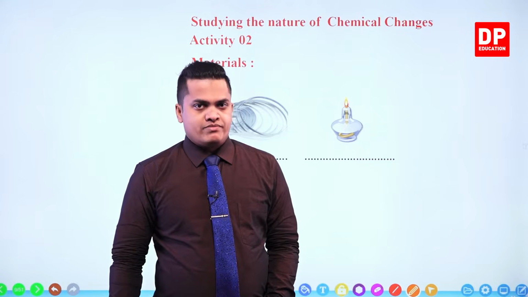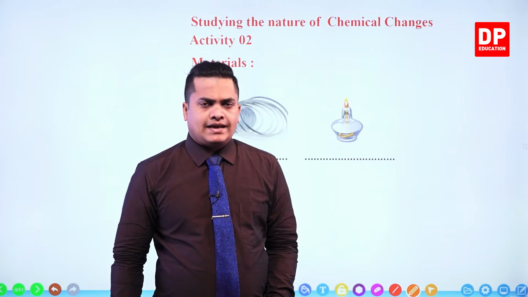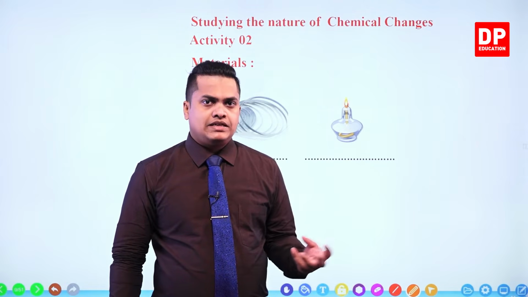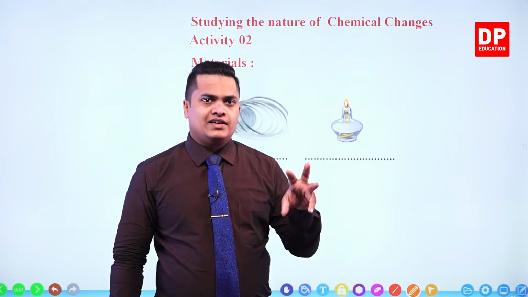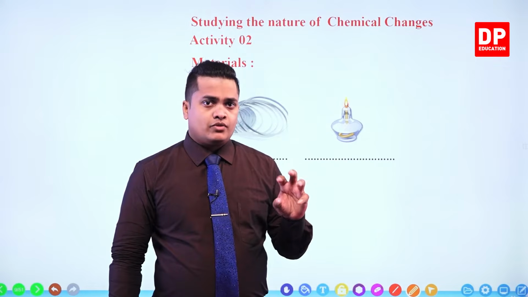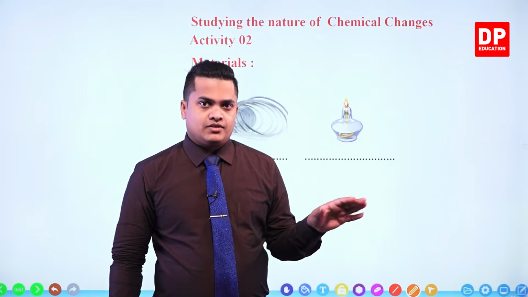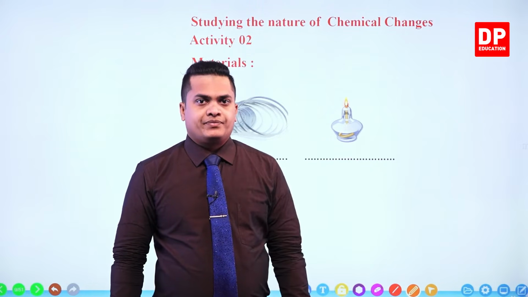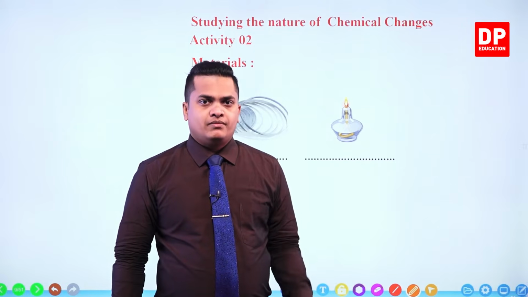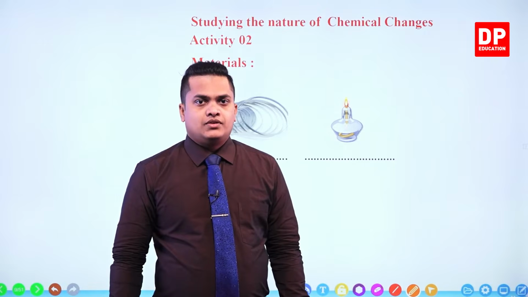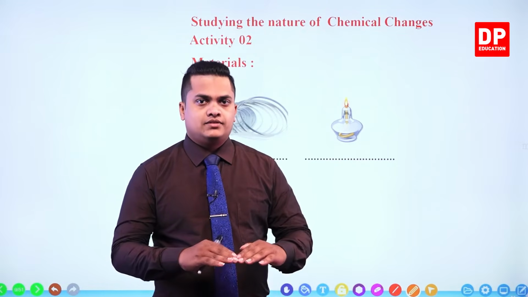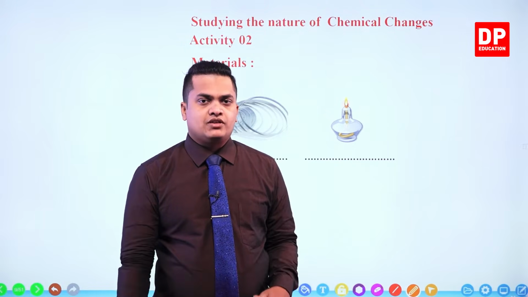Remember, my dear children, when you are conducting activities or experiments with magnesium, first you have to remove that brown or ash color layer on the top of the metal. When you remove that layer, the shiny nature comes.